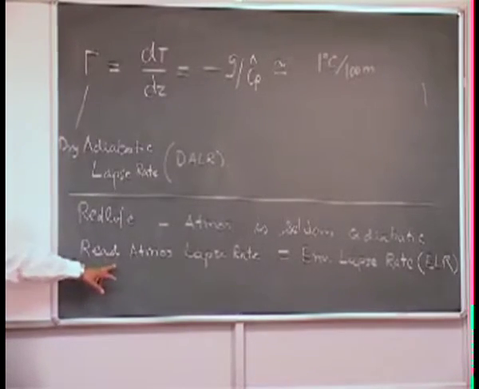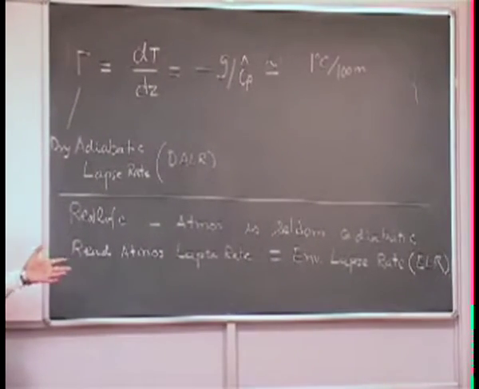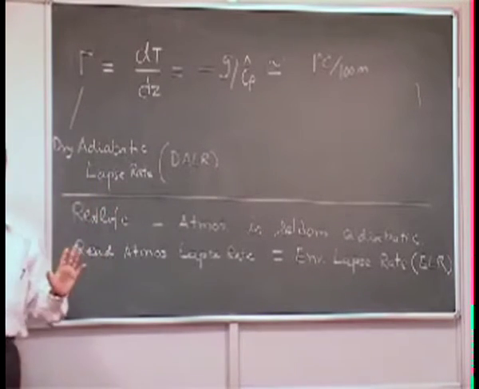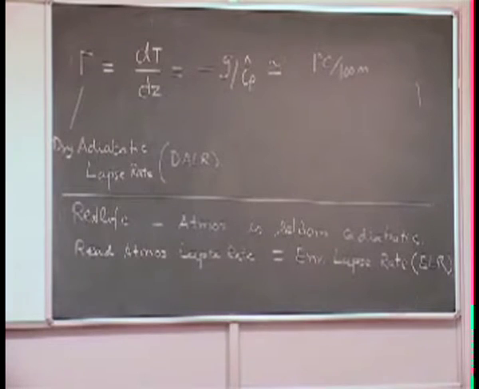So never be confused again, because in the books they will use the word ALR, and ALR is not atmospheric lapse rate. A stands for adiabatic, because the confusion comes so easily. So to avoid the confusion, many books and we will use the word environmental lapse rate when we want to define the real environment, and ALR will not refer to atmospheric lapse rate but adiabatic lapse rate in the atmosphere.